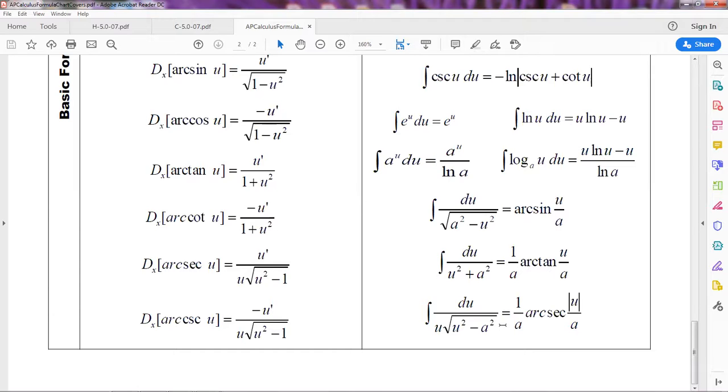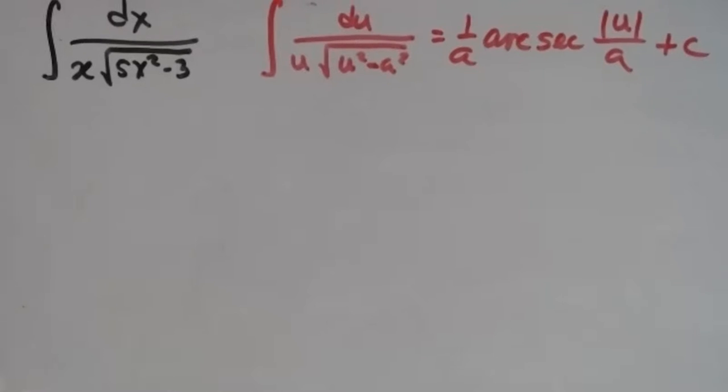The integral of du over u square root of u squared minus a squared equals 1 over a, the arc secant absolute value of u over a. So this is the formula we're going to use, correct?